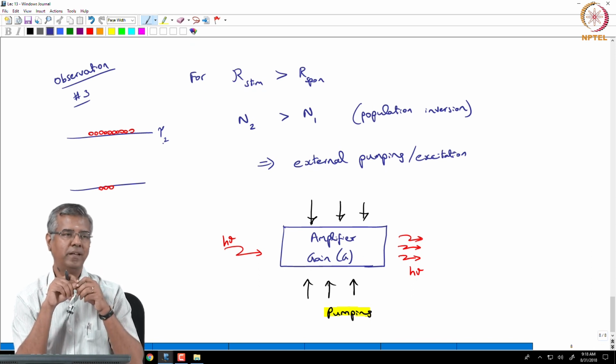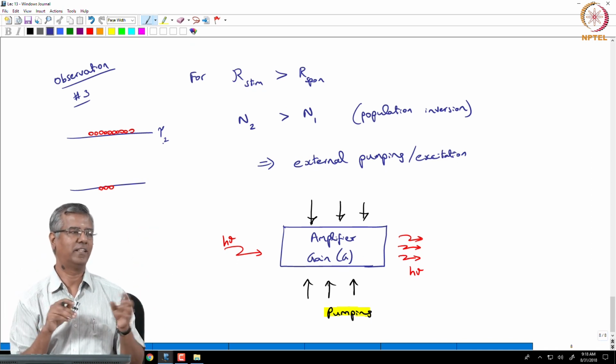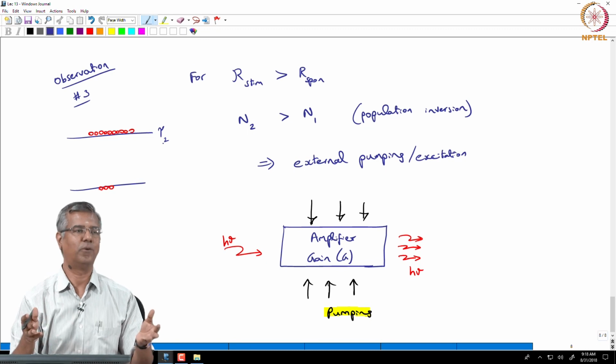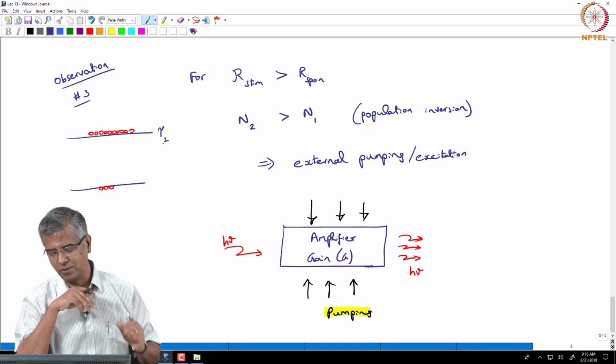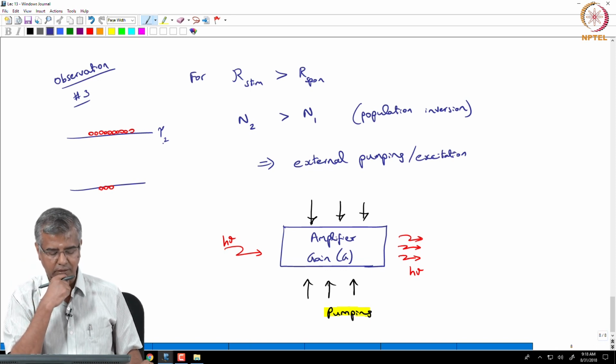It should be relatively happy staying in that other orbital. It is in no hurry to come down, right. If you have atomic systems where that excited state lifetime is long, that is actually very good.